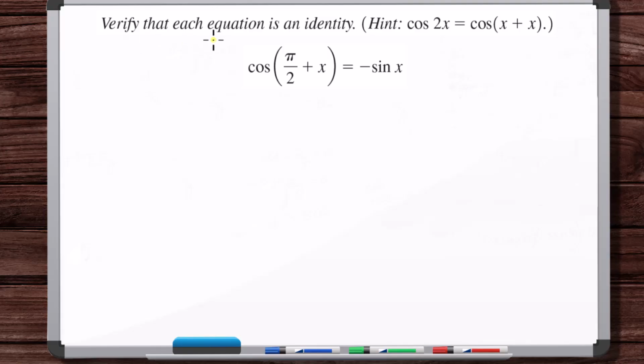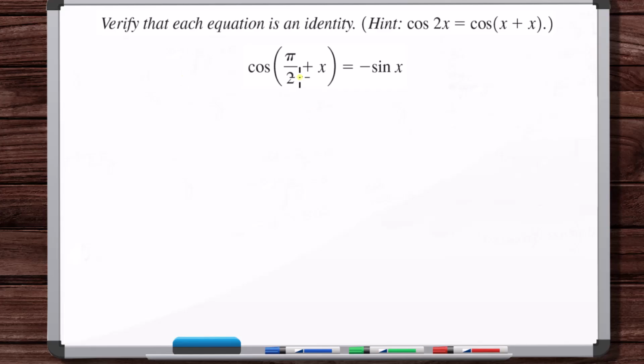Okay, verify that each equation is an identity. And then they give us a hint that cosine of 2x is equal to cosine of x plus x. All right, so this is a cofunction pair, but we're not trying to solve for x. We could write sine of minus x is equal to minus sine of x, but we're not trying to solve for x here. We're trying to verify this identity.